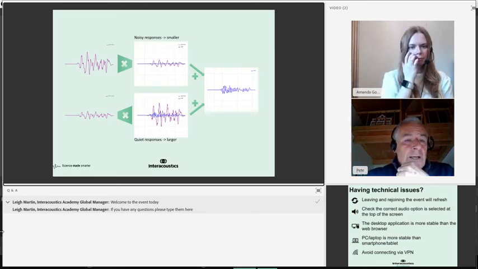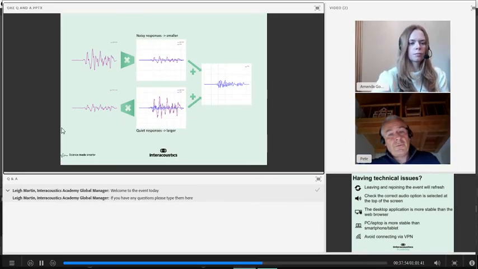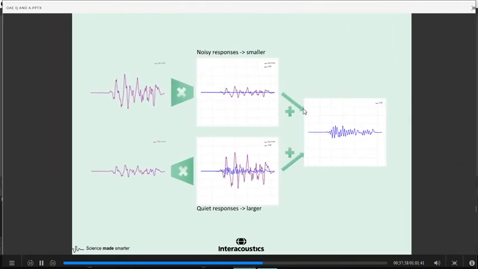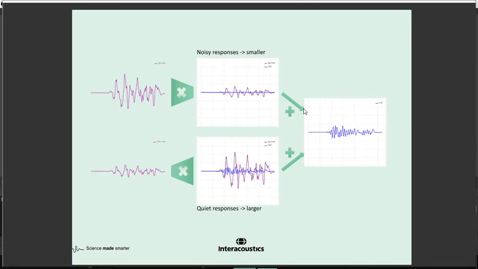The tool for overcoming that is called weighted averaging, or Bayesian weighted averaging. Just a quick reminder of how that works. On the left-hand side we've got 2 pieces of data. One is noisy and one is quieter. We look at the signal level, bearing in mind that most of it is noise, and we scale it. If it's loud, we scale it small.